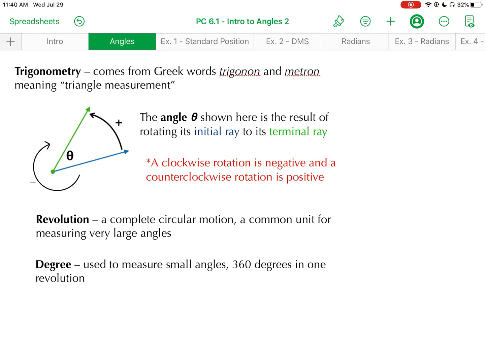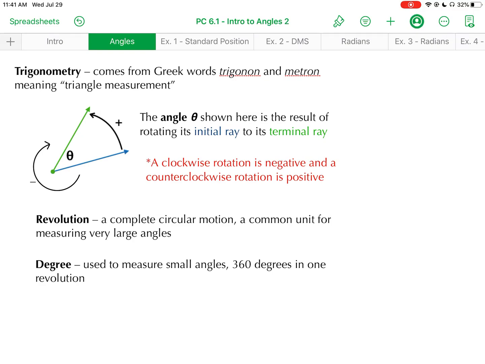An angle theta is being shown on your screen right now. Theta is just a Greek letter that's used to represent the angle. And you create the angle theta by rotating an initial ray, which you see in blue here, either clockwise or counterclockwise to a terminal ray, which is in green.